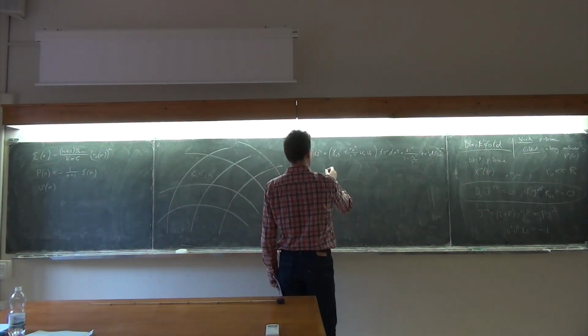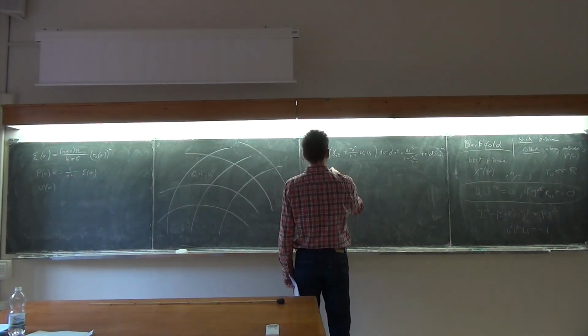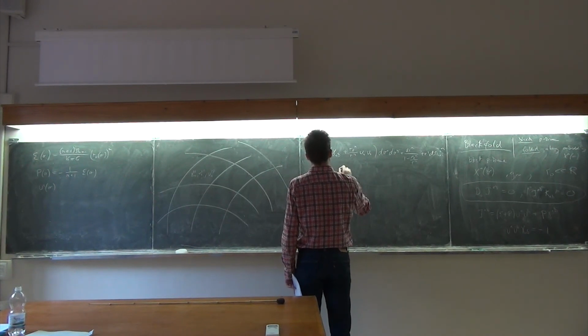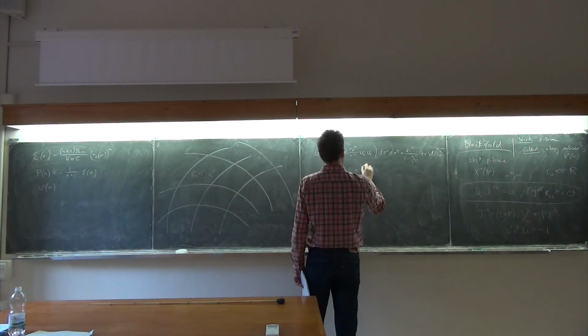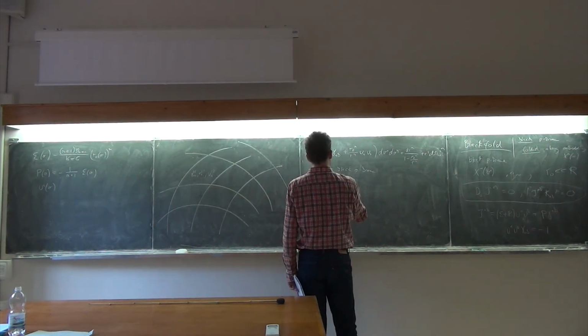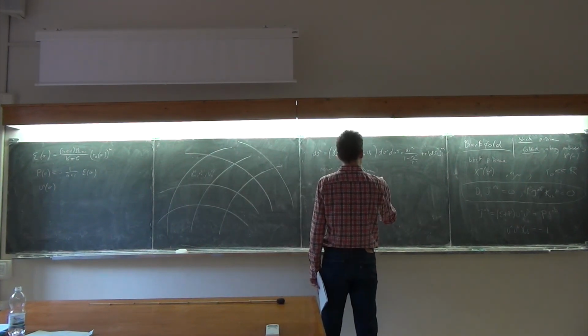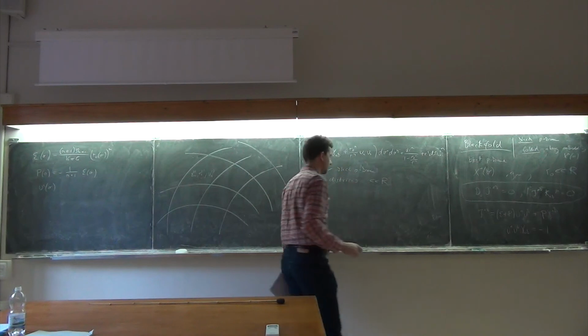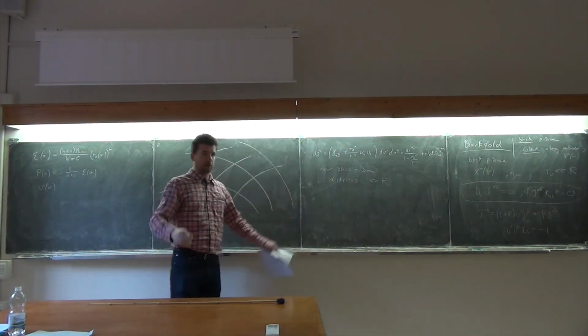So this is the metric you have if you are near the brane, and distances smaller than r, I mean distances along the world volume.